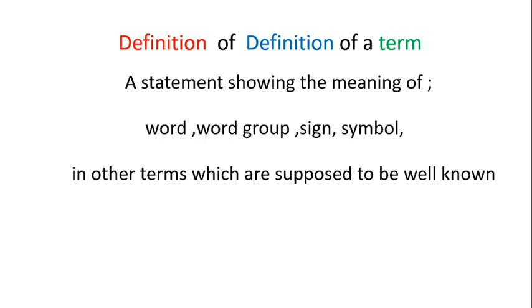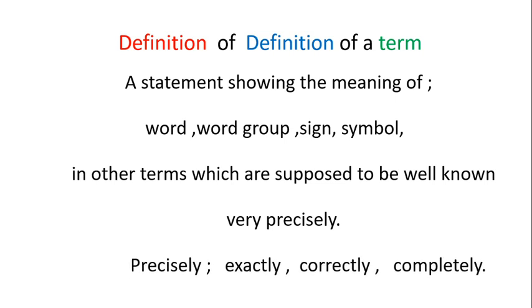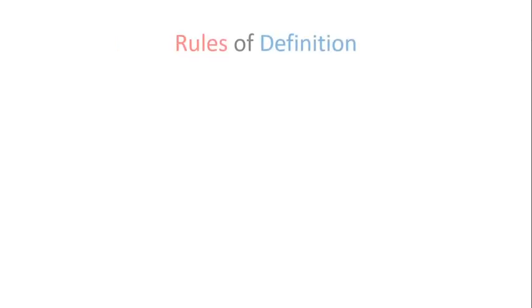So that statement which gives us the complete meaning is called definition, and it has to be very, very precise. Precise means it should be exact, correct and complete. Such a statement is called a definition.